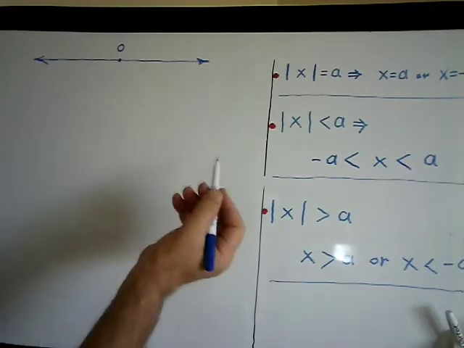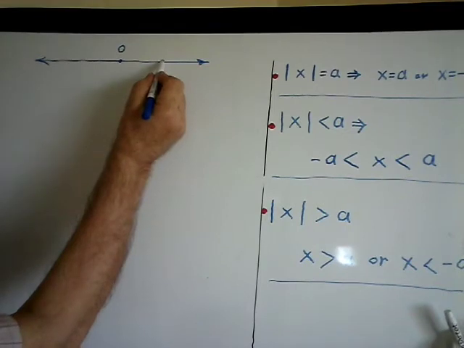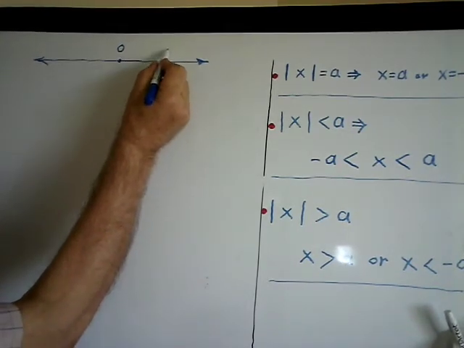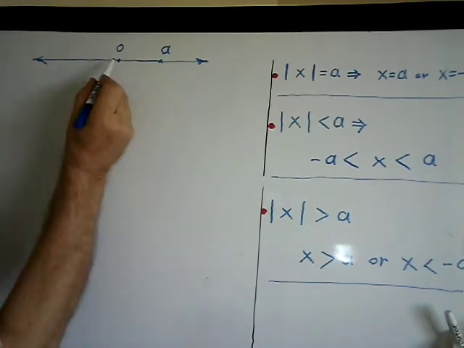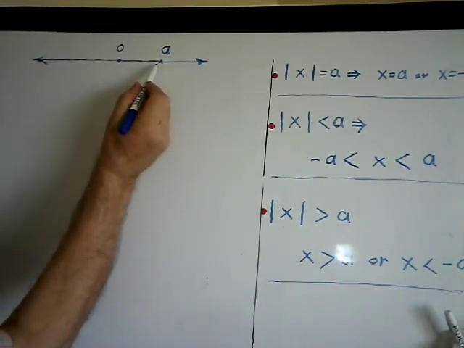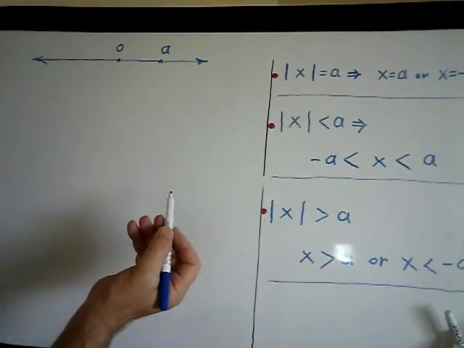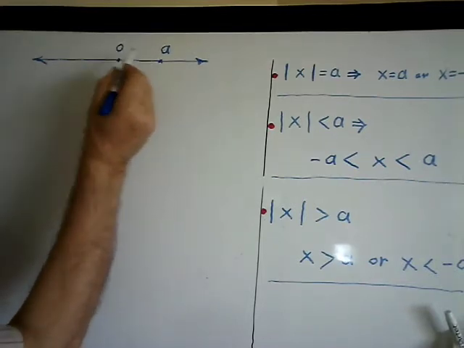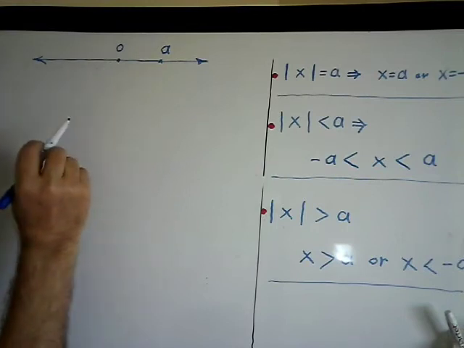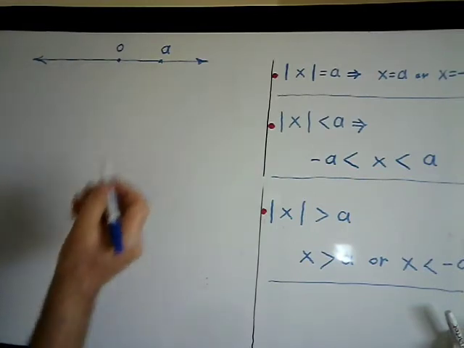If we consider any real number like A at this point, so the distance between 0 and A is a positive quantity, or when A and 0 coincide, I mean they are on the same point, the distance is 0.